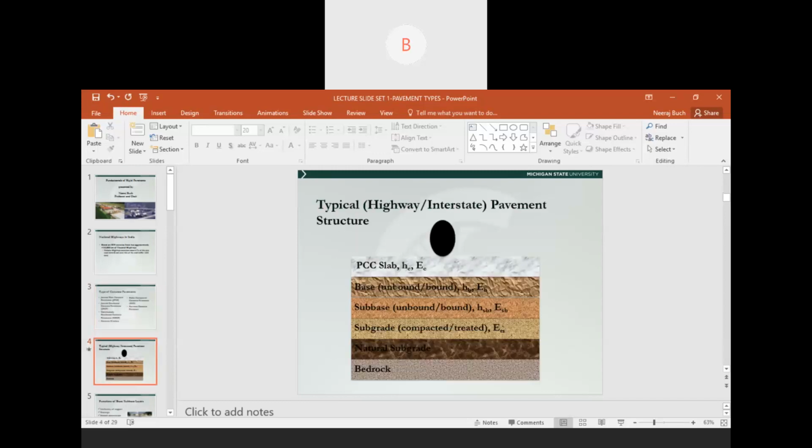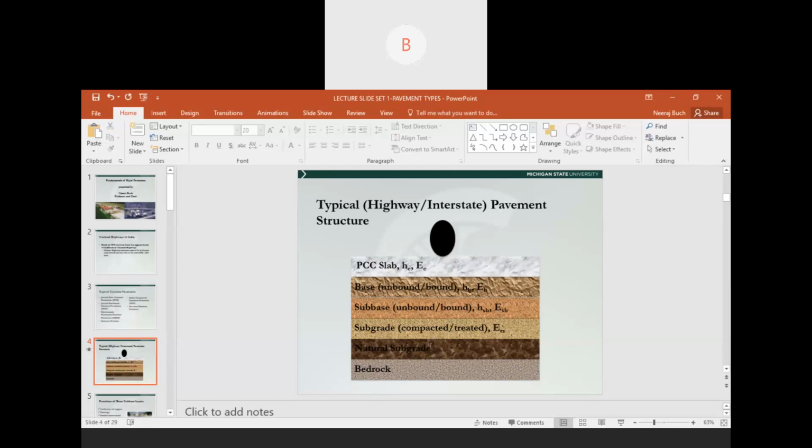So what does a concrete pavement look like? If I was to look at a cross-section of a concrete pavement, the bottommost layer would be the natural bedrock, if there is. Then on top of that bedrock, you would have the natural soil, which we refer to as subgrade or roadbed.